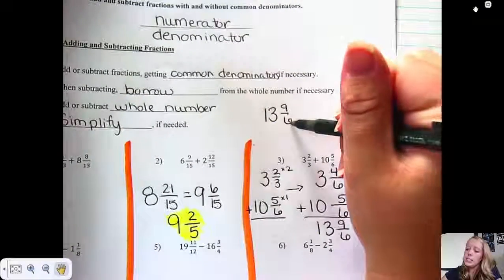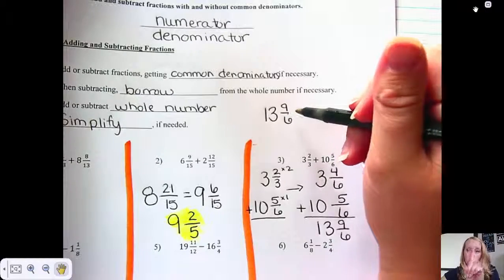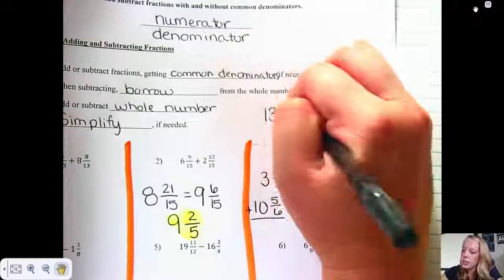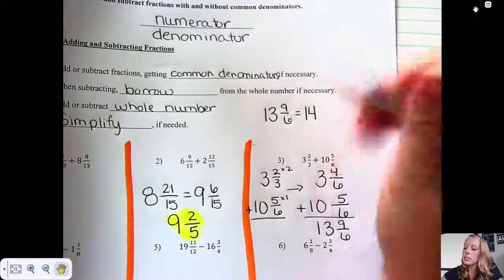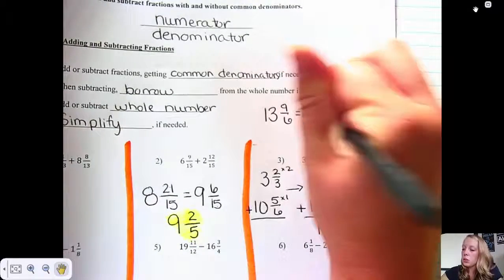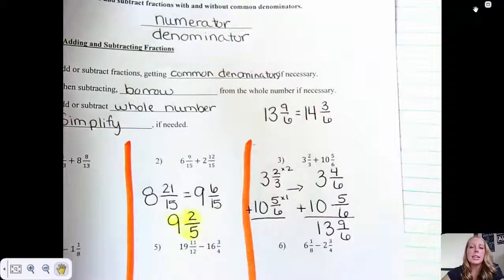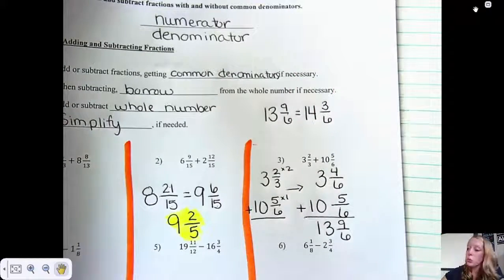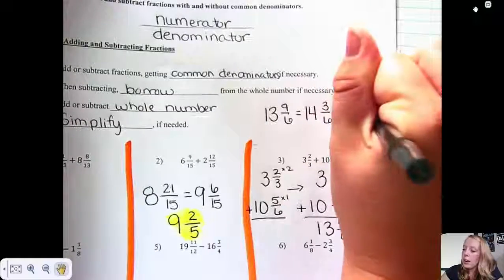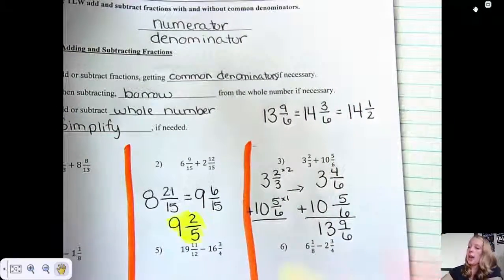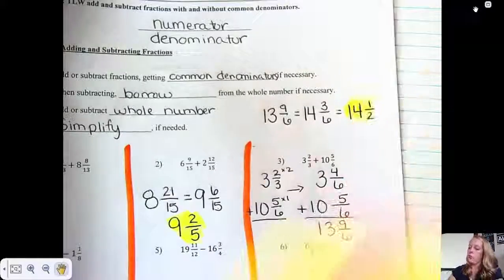So how many 6's go into 9? 1. So give that to the 13 and make it a 14. With what left over? Well, 9 minus 6 would give you 3 over 6, which you should know reduces one more time to be 14 and 1/2. So that would be our answer for number 3.